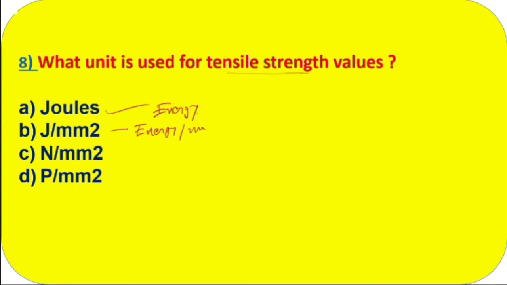So energy per mm square, no, there is not anything like this. Newton per mm square. So you know, load by area. This is called the tensile strength. So the load, we can say Newton per area in mm square.